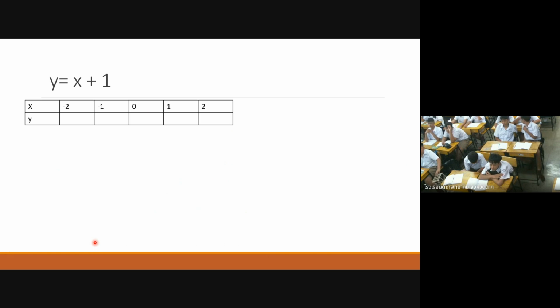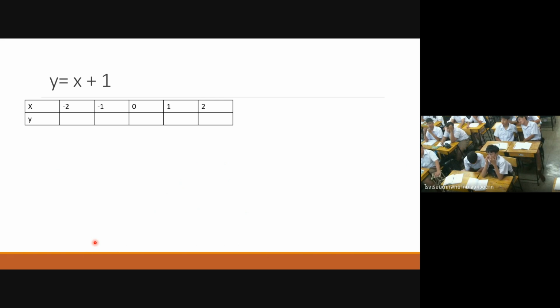Now let's have some example. Everyone, please read. Okay, y is equal to x plus 1. Once we have the equation, we're going to graph that equation. First is to make the table of values.